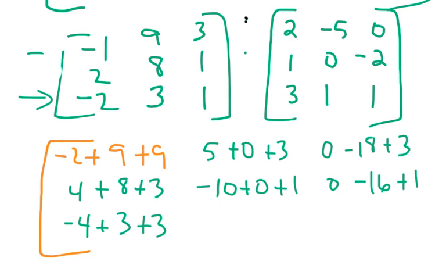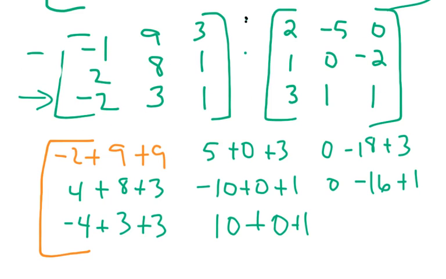I have a negative 2 times negative 5. That gives me 10. Plus 3 times 0, which is 0. Plus 1 times 1, which is 1. Okay, last row, last column.